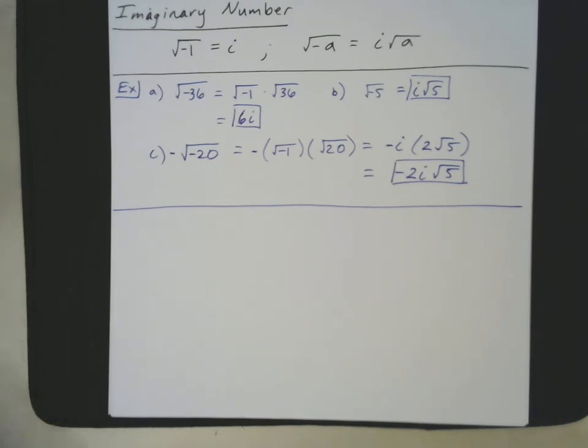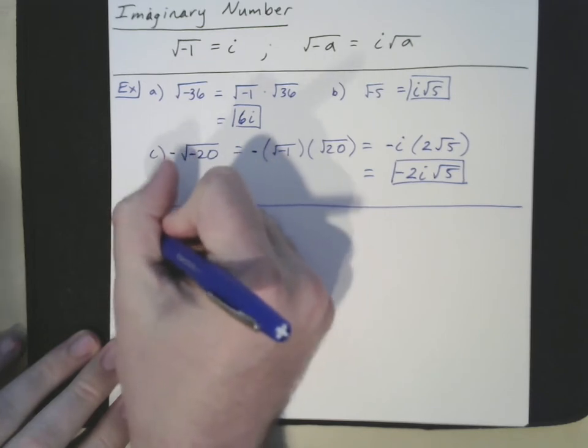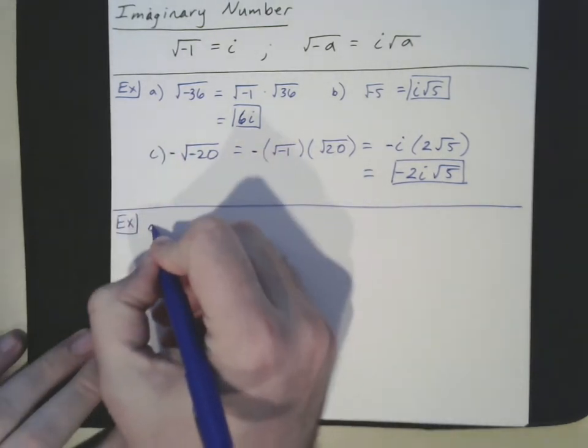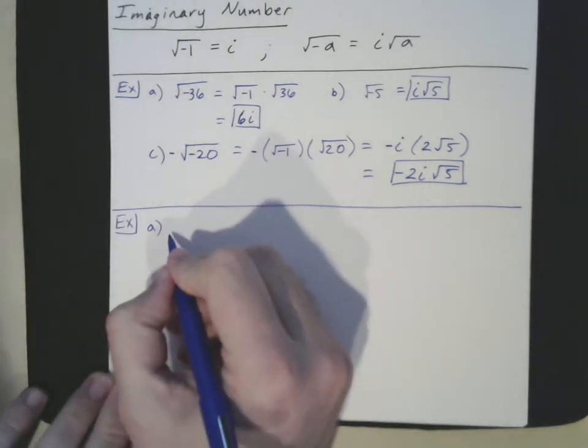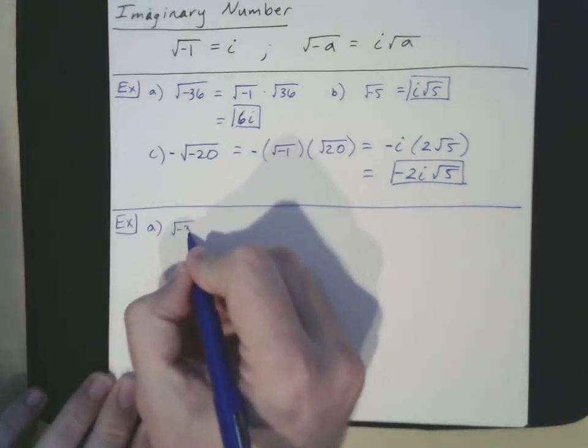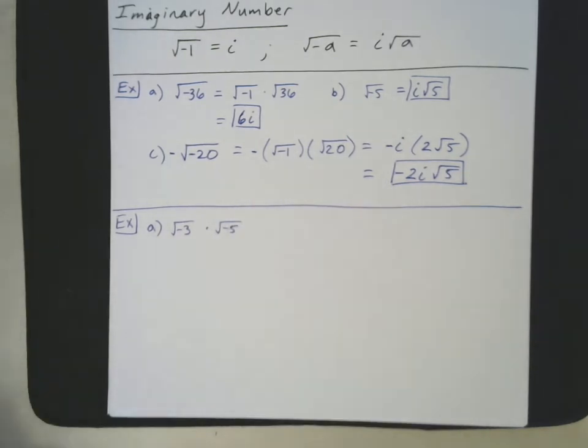So when we are allowing square roots with negatives, our rules change a little bit in the order in which we simplify. So we're going to do a few examples here. Let's say we have square root of negative 3 times square root of negative 5.